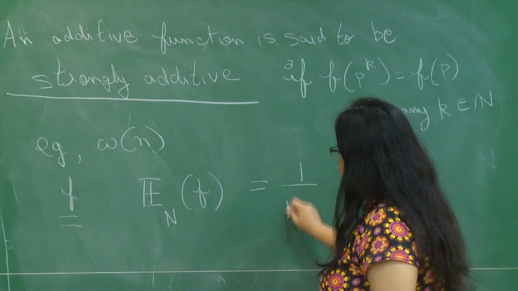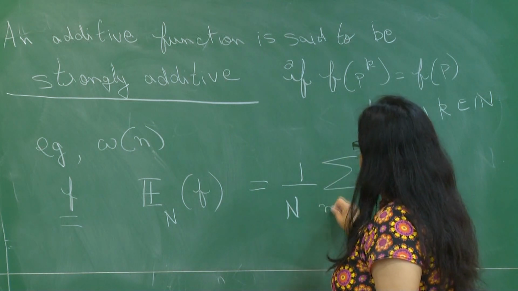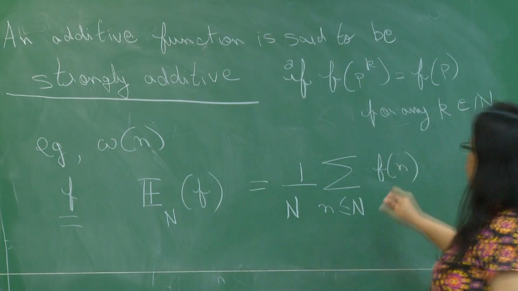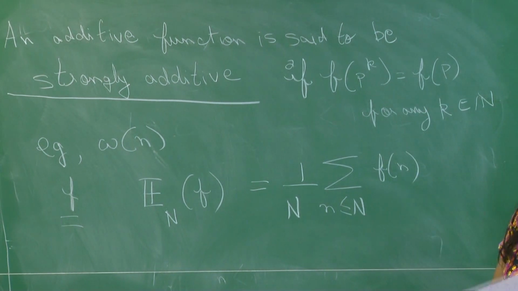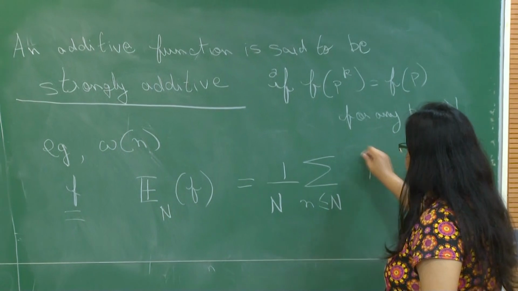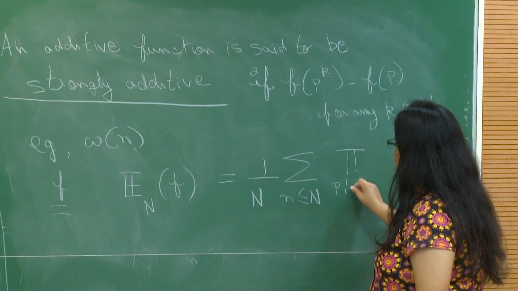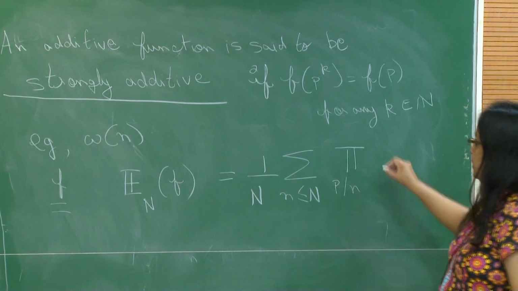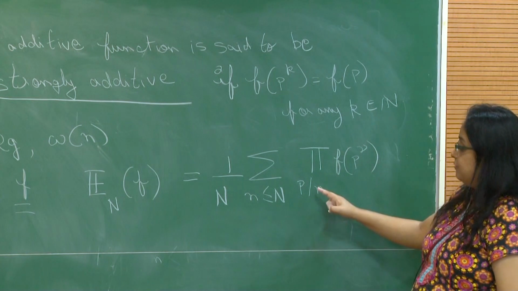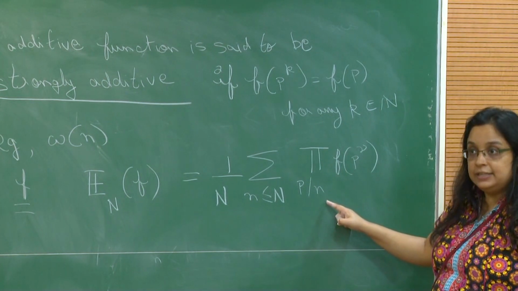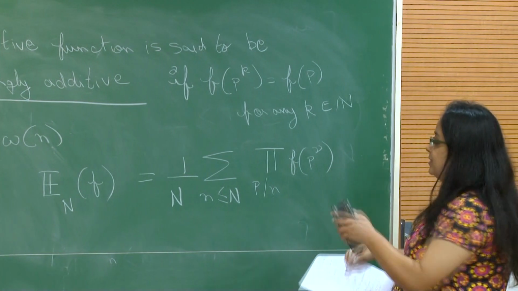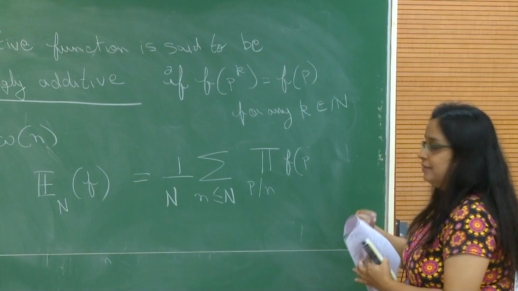So, 1 by N summation n less than or equal to capital N f of n, but because of additivity you know that the inner thing can just be written as a sum over all the distinct primes dividing n of f of p raised to the nu, where in fact p raised to the nu is the highest power dividing n, and if your function is also strongly additive, this is just f of p.